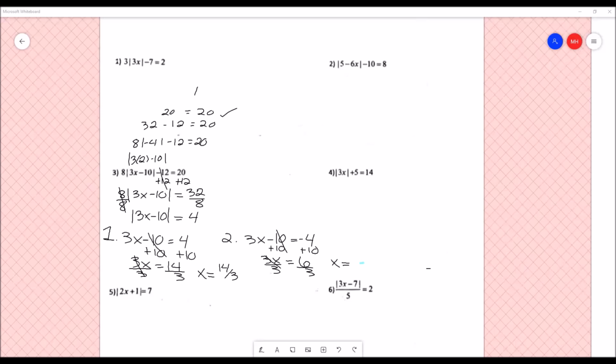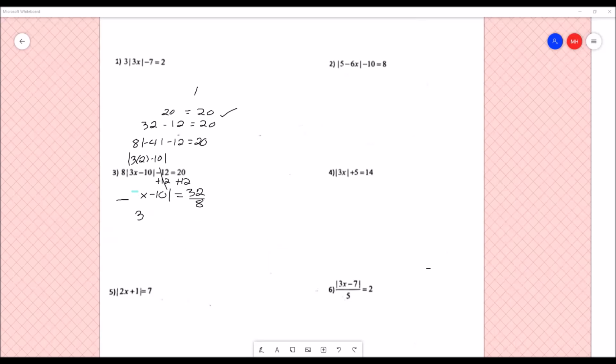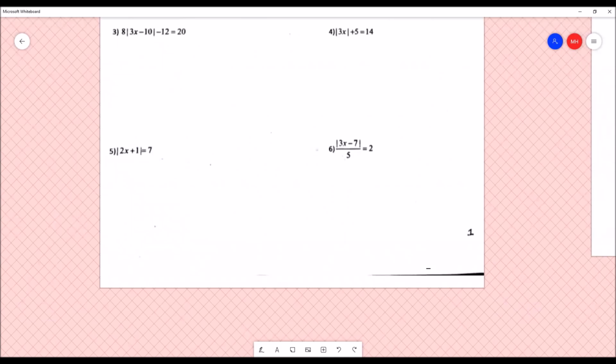So I've looked at example 1 and 2, example 3, and we're going to glance at example 6. As soon as all of this is erased. Last one, I have the absolute value of 3x minus 7 divided by 5 equals 2.